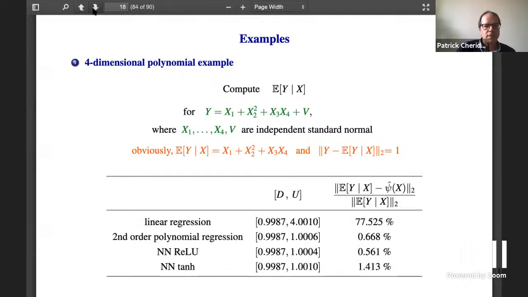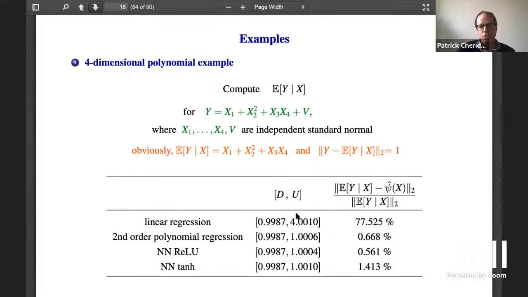Okay, and so let me see now how that works when I am applying my computational method now. So first I'm going to try to find my regression function with a linear regression. Okay, and u is the upper bound and d is the estimate of the true L2 distance of y from the conditional expectation. Okay, so in all the examples, d is the same, is around 1 as it should be.